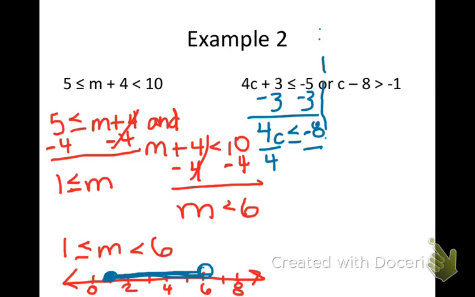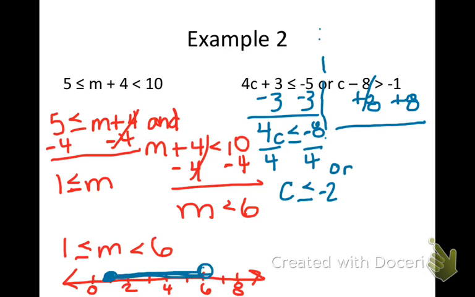Divide by 4 and get c is less than or equal to negative 2. Or solve this one and add 8 and get c is greater than 7. So c is less than or equal to negative 2, or c is greater than 7.